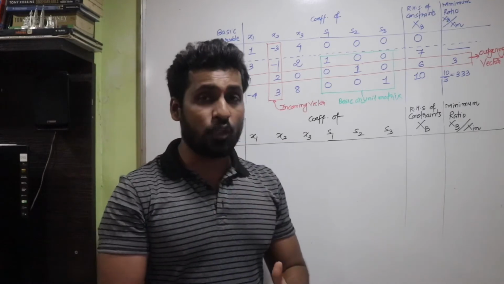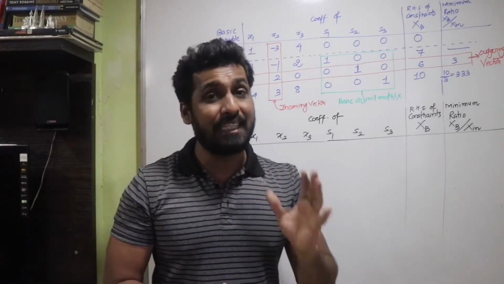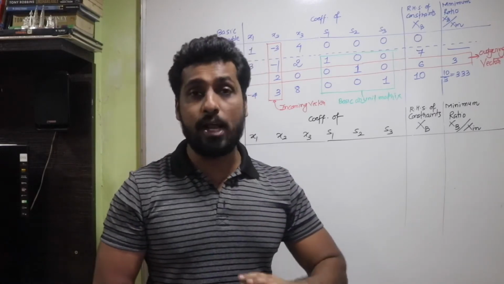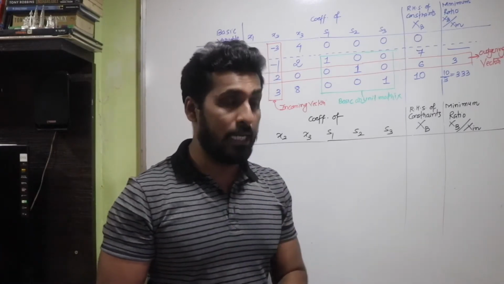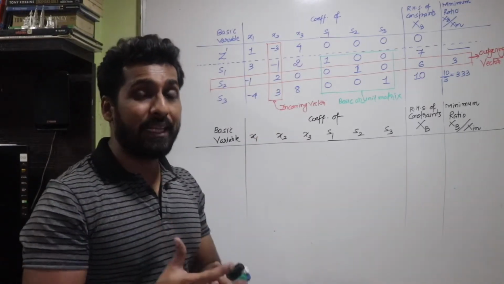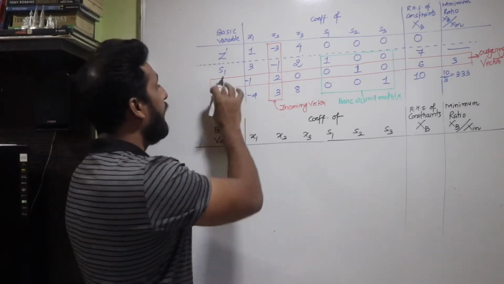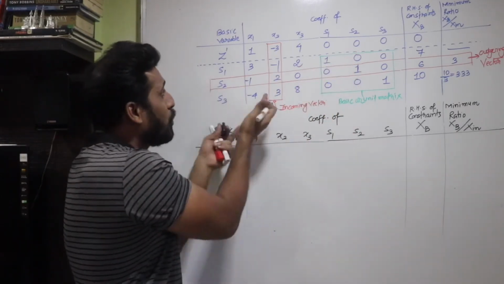And the intersection of the key column and the key row is called the key element, or the pivot element. Now this element is 2 over here, and my job is to make this 2 as 1.